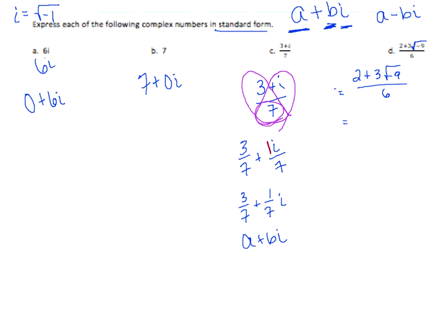Okay. So the first thing I want to do, like I said earlier, is pull off that negative, give it its own house. And then I have the square root of 9 all over 6. Well, we just talked about the fact that the square root of -1 is i. The square root of 9 is 3.